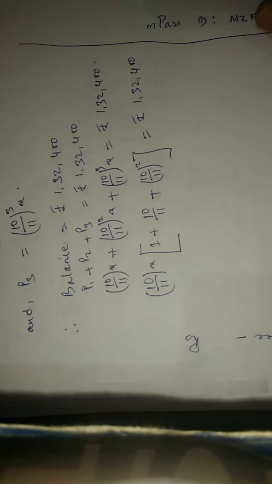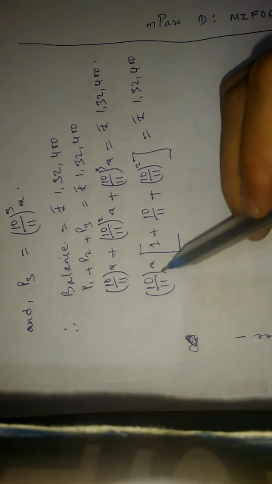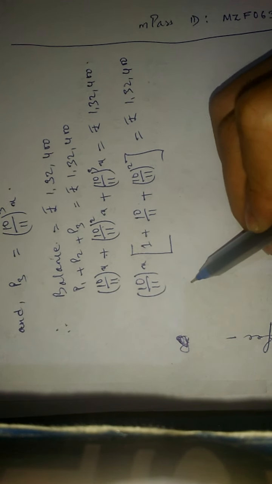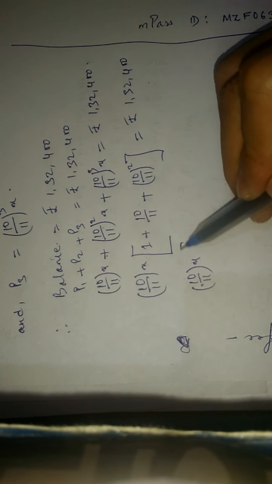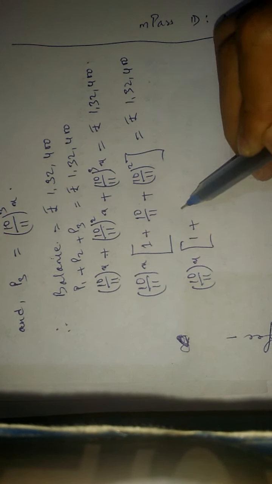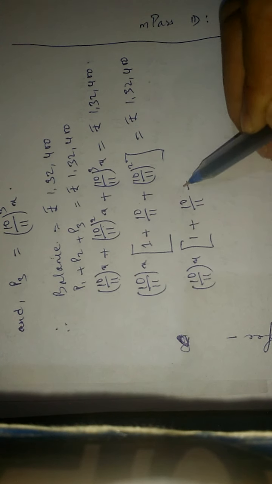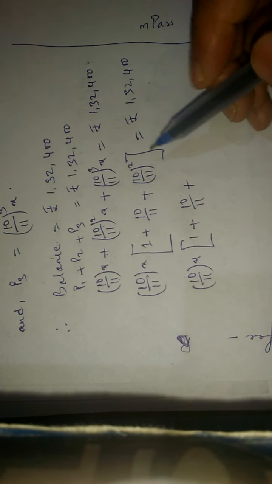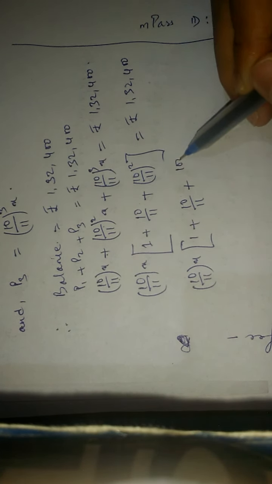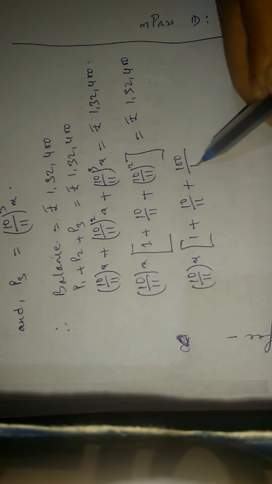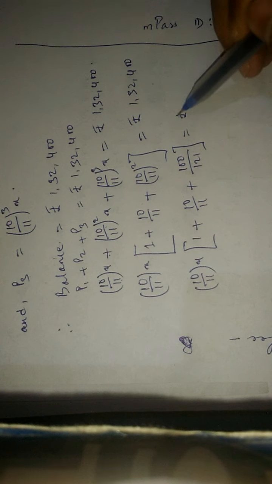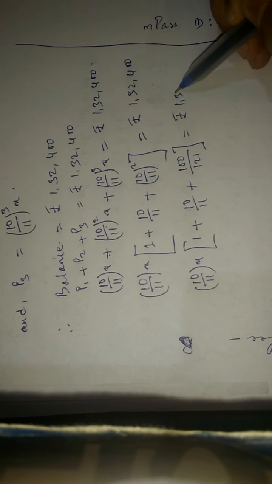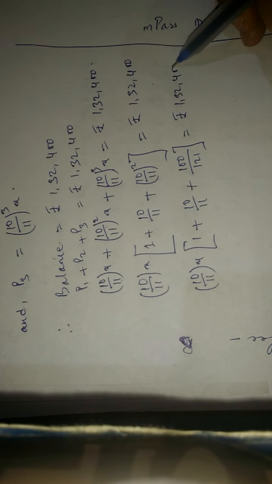So 10 by 11 x times 1 plus 10 by 11 plus 10 squared by 11 squared, that is 100 by 121, equals rupees 1,32,400.